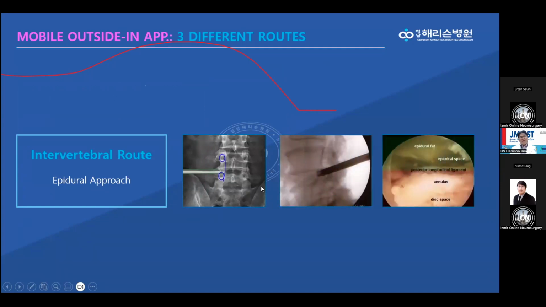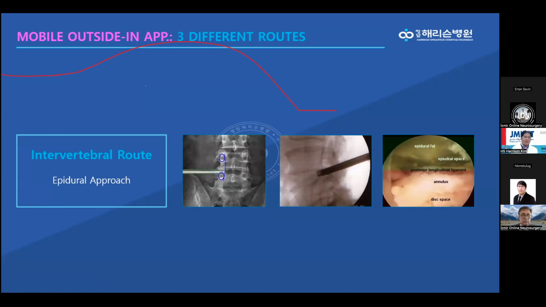And then in the intervertebral route, after approach, the most important point is making sufficient working space, especially exposing the epidural space. You can see, fortunately, in some patients, without parametromy, exposing about half of the epidural space is possible, but mostly the space is not exposed.